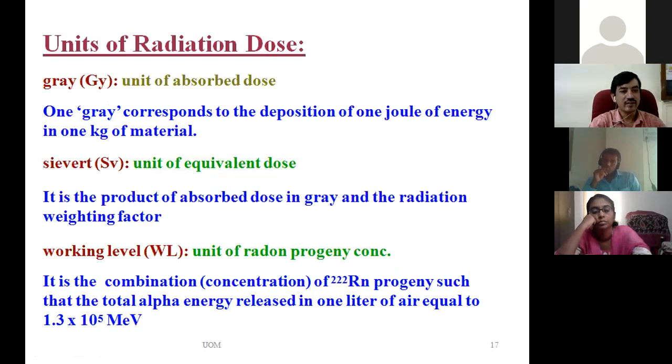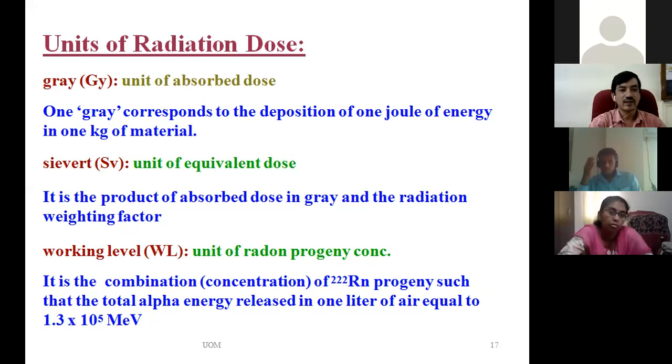In this study, we must familiarize ourselves with a few radioactive units. One is gray. This is the unit of absorbed dose. 1 gray corresponds to the deposition of 1 joule of energy in 1 kg of material. This unit is familiar to most of us.